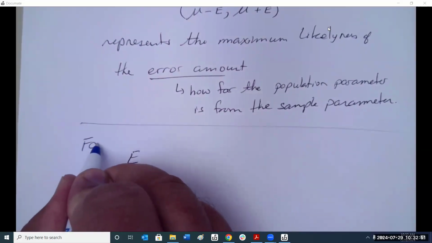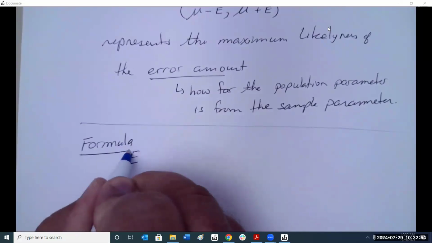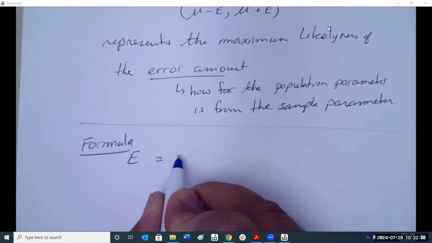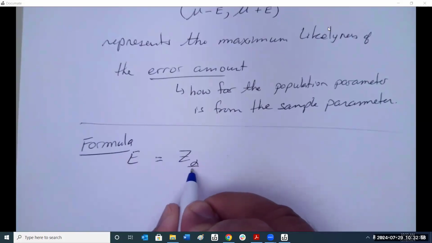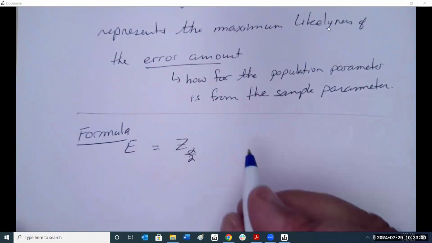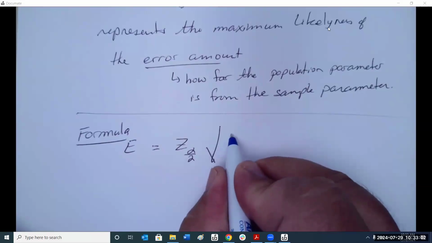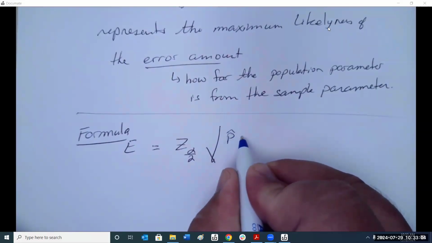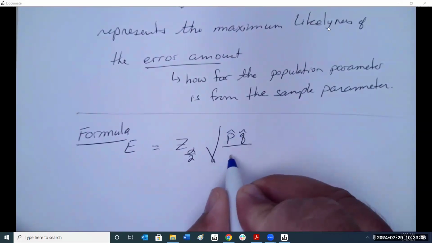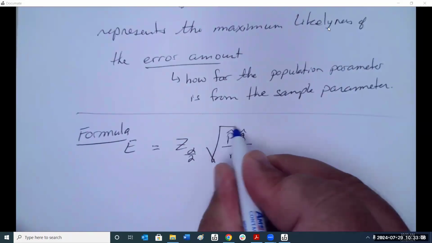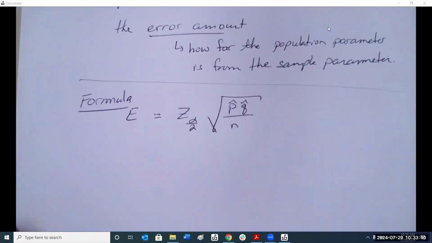Our formula. We have our two-tailed z-test times the square root of our population values. Remember what P and Q represented?